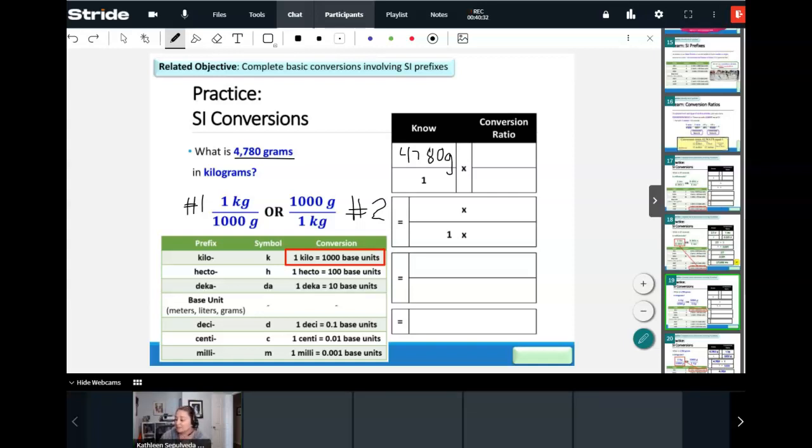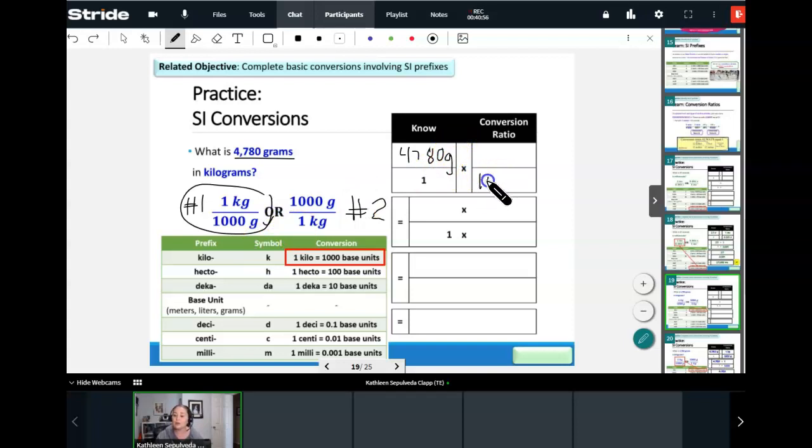Take a look at Alberto. Which one has grams on the bottom? We want grams on the bottom. Yeah, good, Hala. Yes, Henna, good. Excellent correction. I'm going to take this one right here because grams is on the bottom, and I will have grams on top.